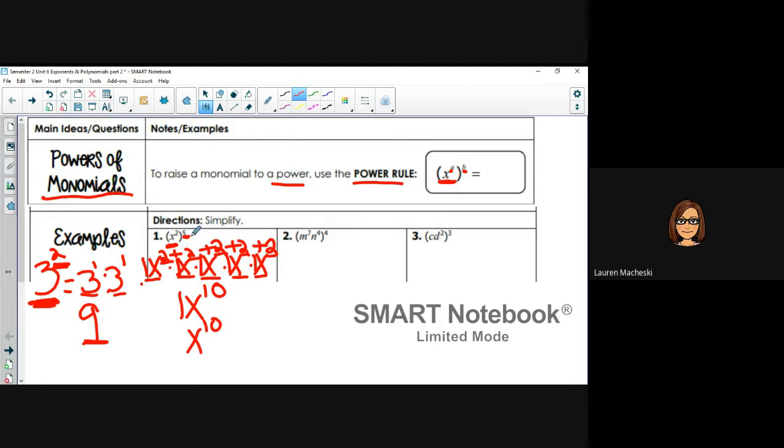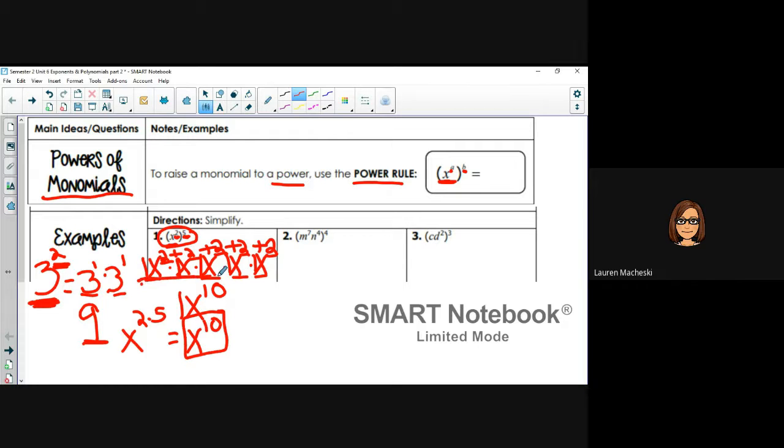But what's another way you think that I could get this answer of x to the 10th? Any thoughts there? Instead of literally writing it out the whole time? I'm sure some of you are thinking of it. If you just multiply 2 times 5, that's going to give you 10. So really, this is just x to the 2 times 5, which equals x to the 10th.